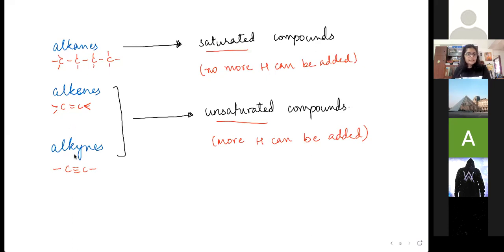But with alkenes, alkynes, with the same number of carbons, out of these two bonds, I can break one and then add two more hydrogen atoms here. Similarly with alkynes, because it's a triple bond, I can break just one or two of these bonds and then add more hydrogen atoms here.